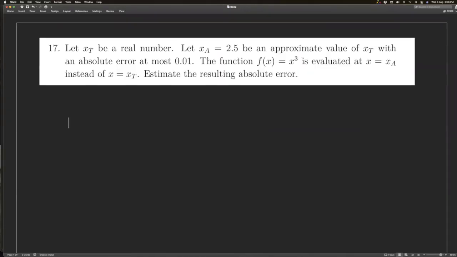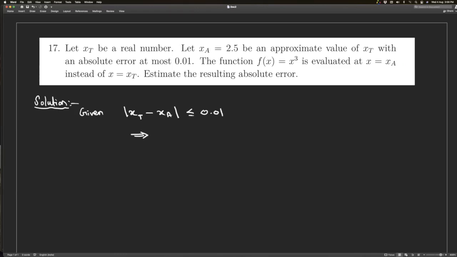Next, let us take the 17th problem. Let xt be a real number and xa is an approximation to xt with an absolute error of at most 0.01. It means what? We are given |xt - xa| is less than or equal to 0.01, right?